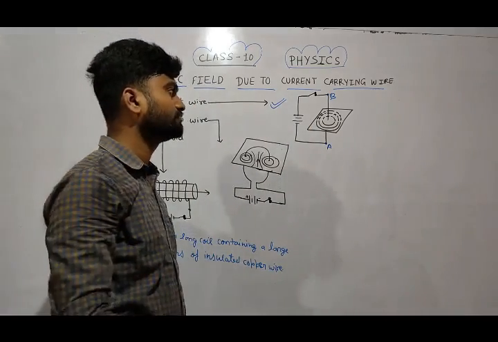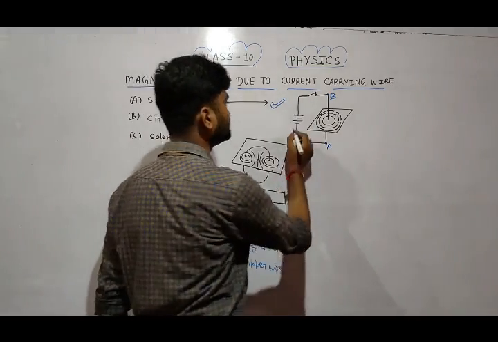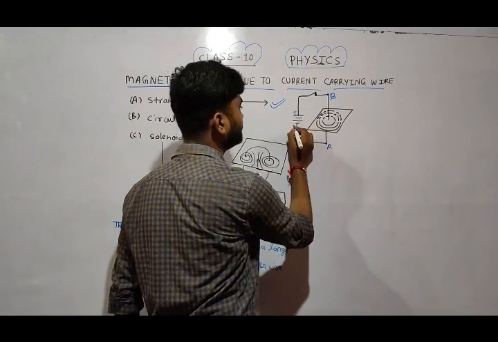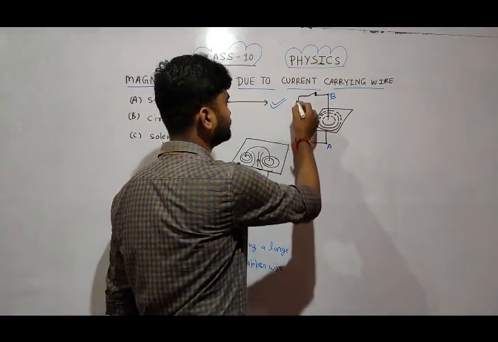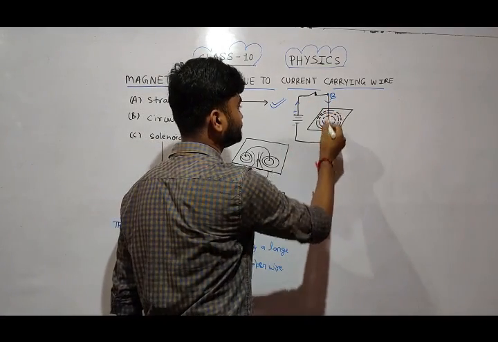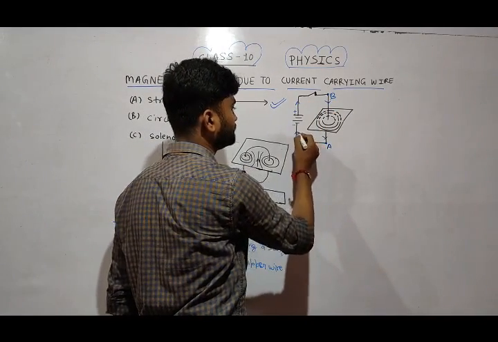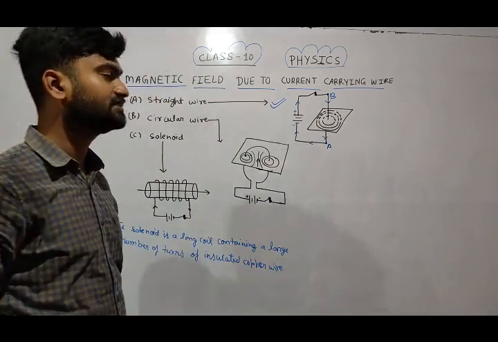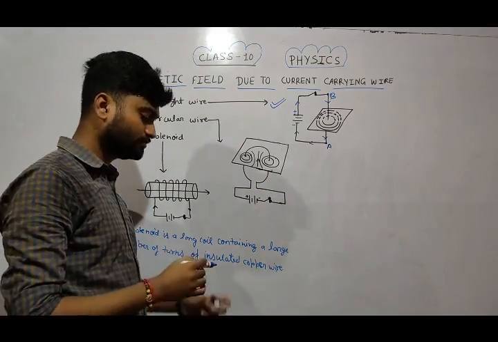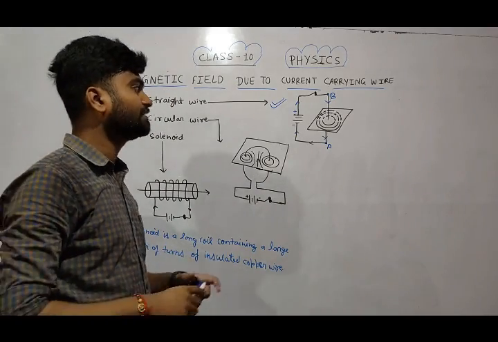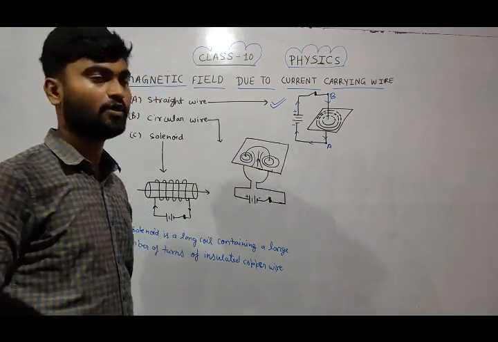Now the key is closed, so current flows in the direction from positive to negative terminal, right? So current flows in this direction. So this is the direction of current. Now we want to know what is the magnetic pattern around the straight wire.